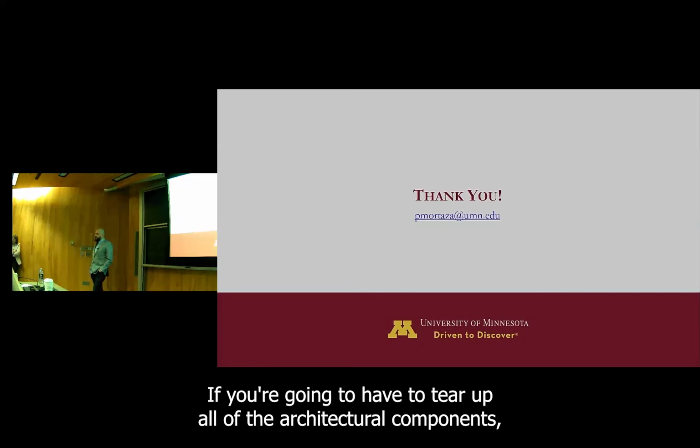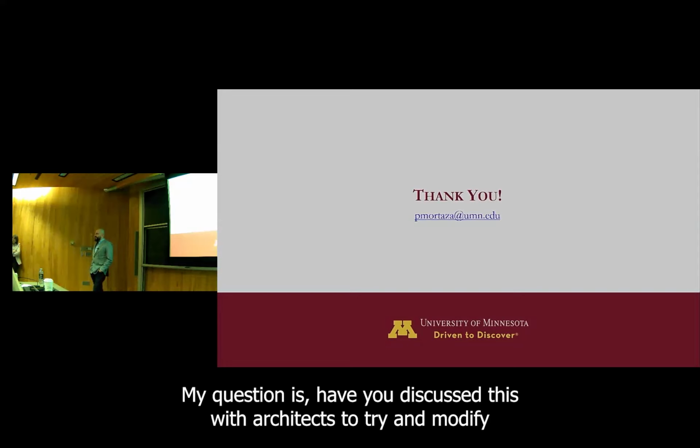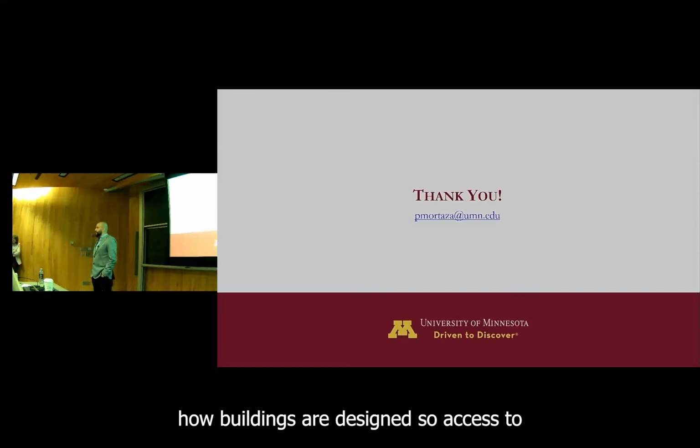If you have to tear up all of the architectural components, you potentially haven't saved anything. Have you discussed this with architects to modify how buildings are designed so access to the replaceable units is enhanced?